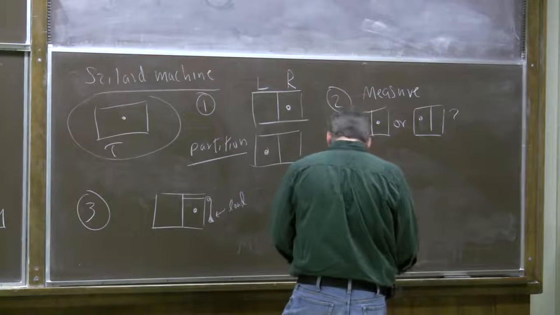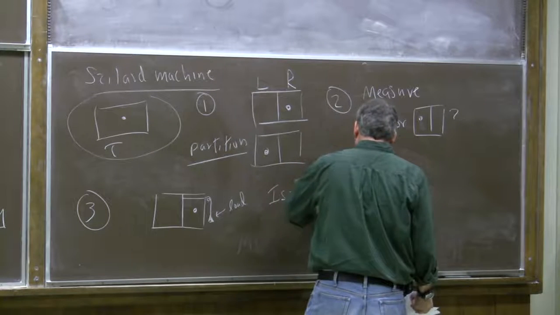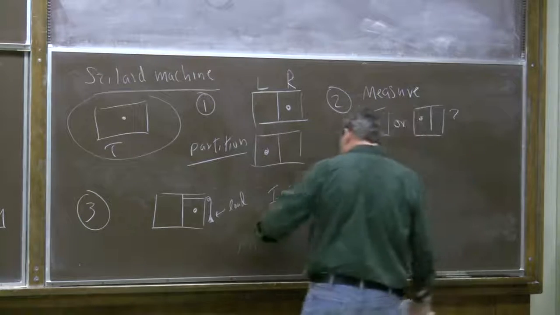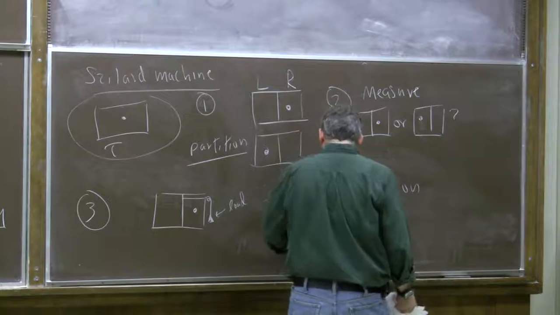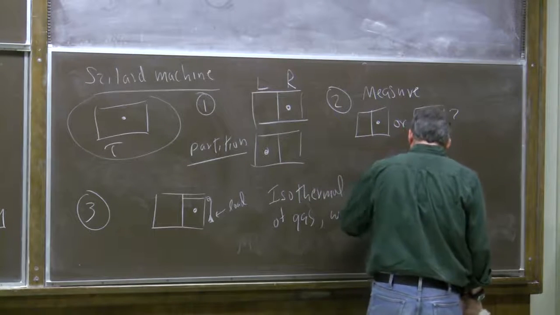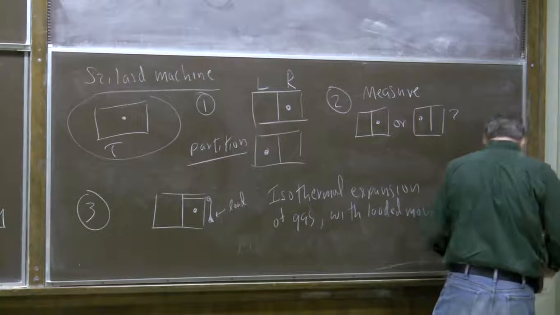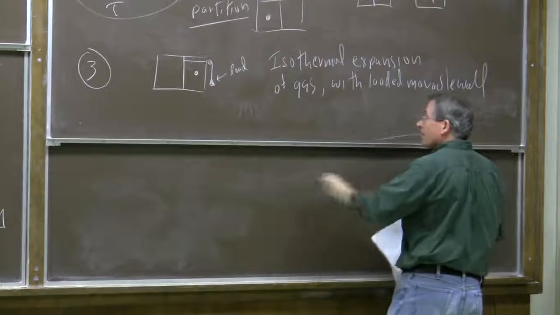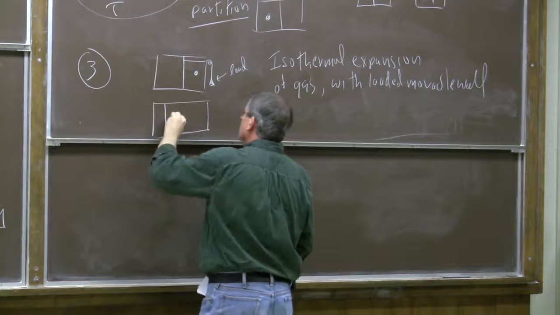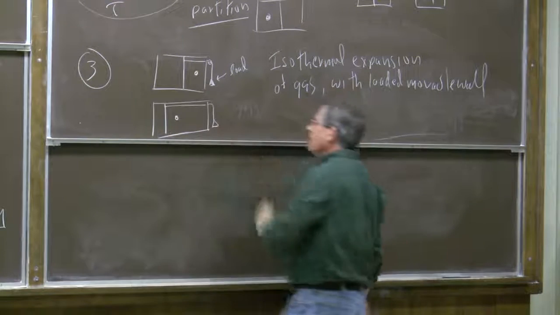So the third step will be isothermal expansion of gas with a loaded movable wall. So gradually the wall moves until the wall has moved all the way to the left side.